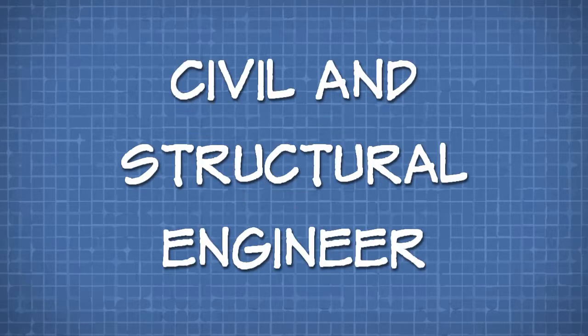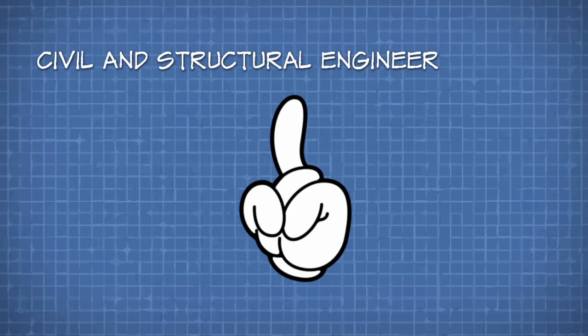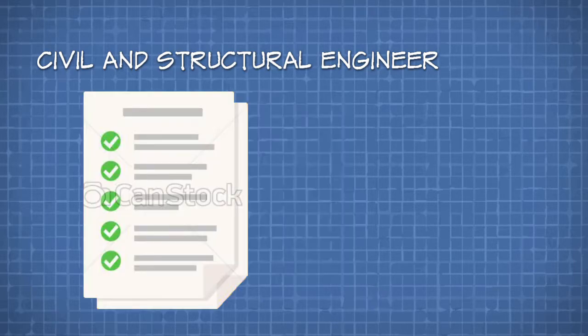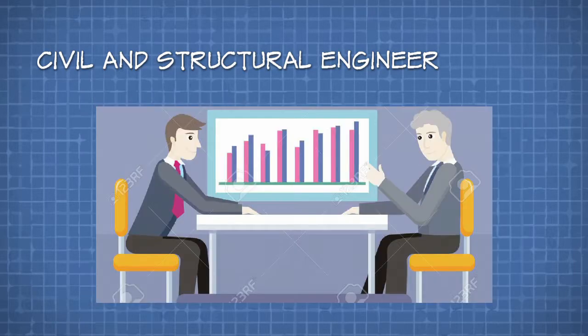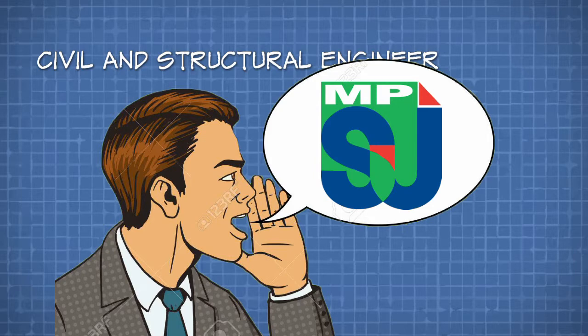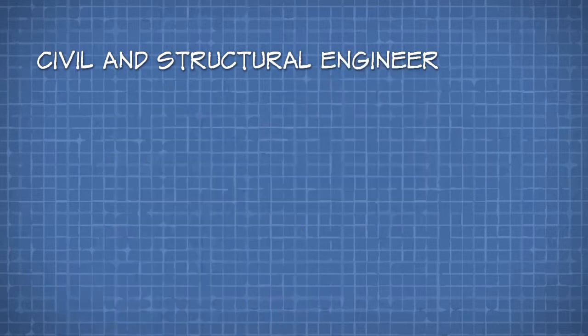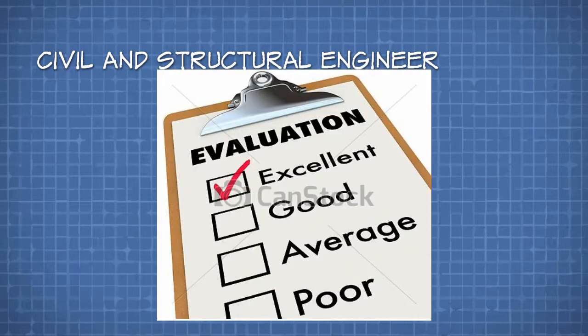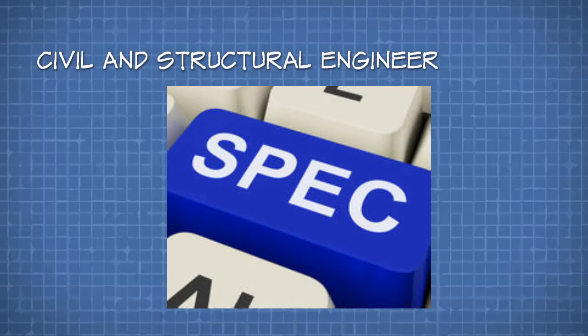Alright, now I will talk about the roles and responsibilities of civil and structural engineers. Firstly, they analyze and survey every report and data they have in hand to plan projects. They design structures in accordance with government standards. They later evaluate grade requirements to determine design specifications.